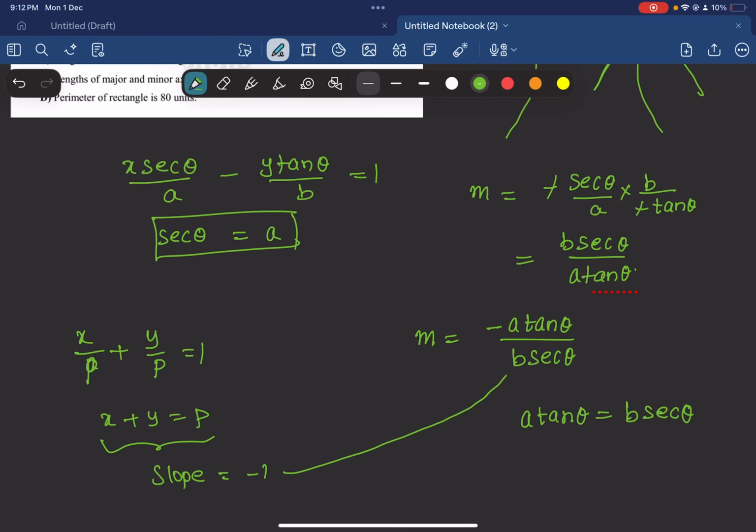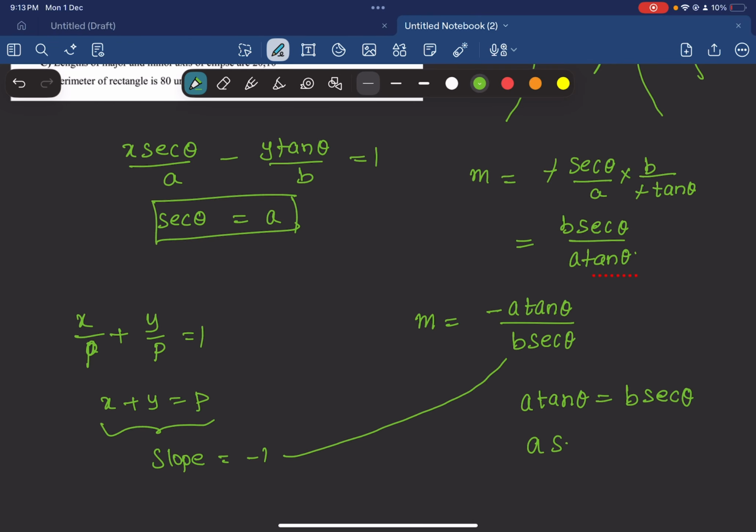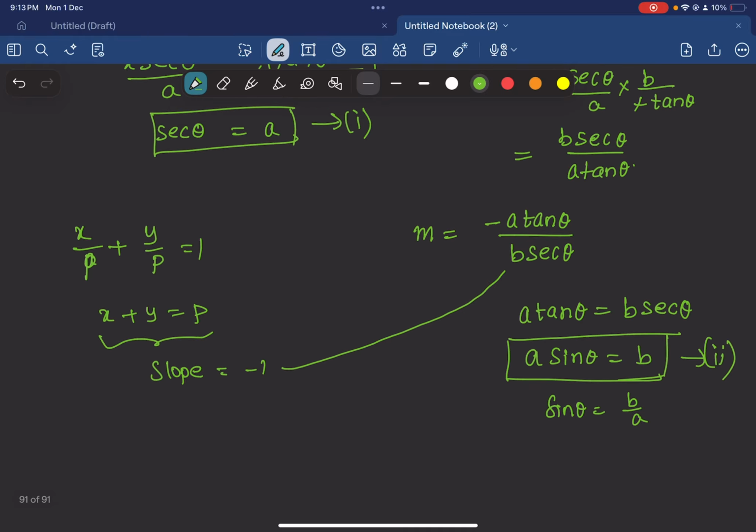Alright. So therefore this is simply A sin theta is equal to B. So we have these two things. So this is one thing that we got, and this is the second thing that we got. So sine theta is equal to B upon A from here. Alright. And we got secant theta is equal to A.